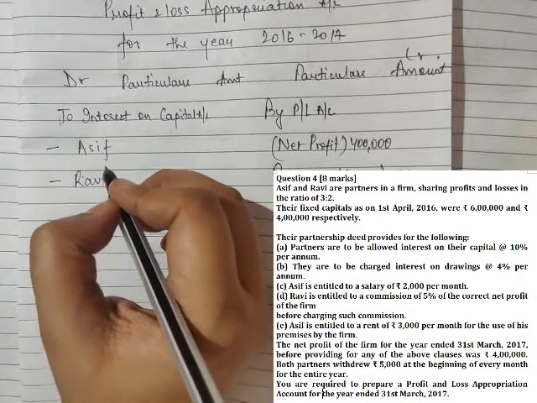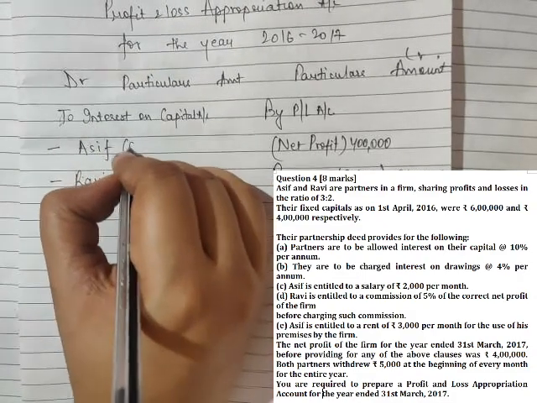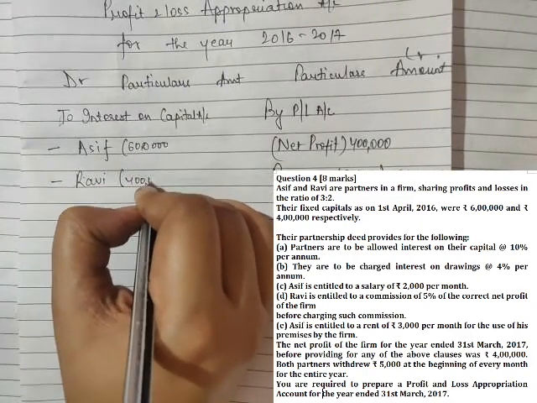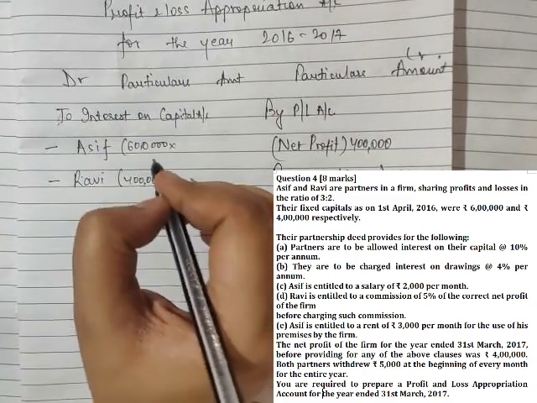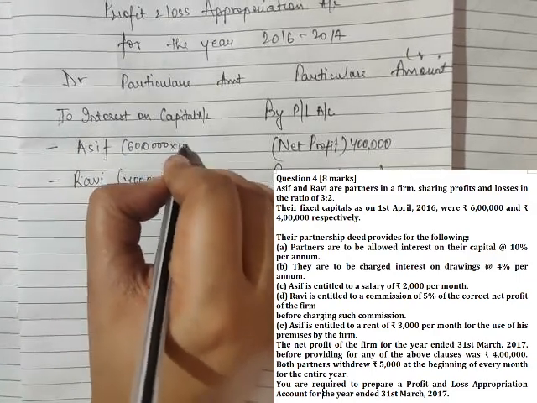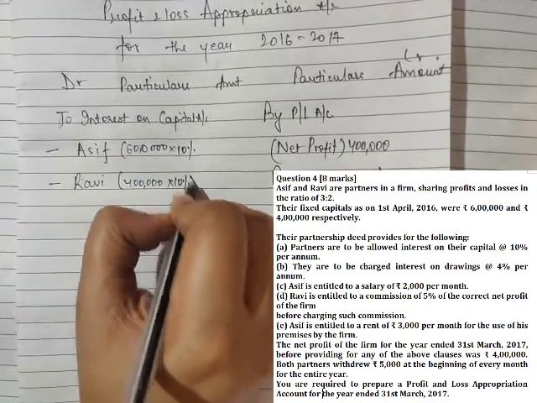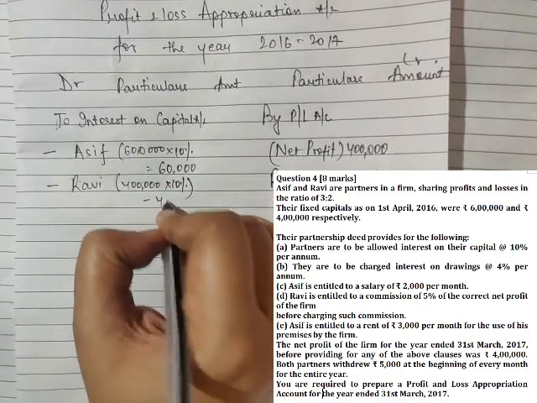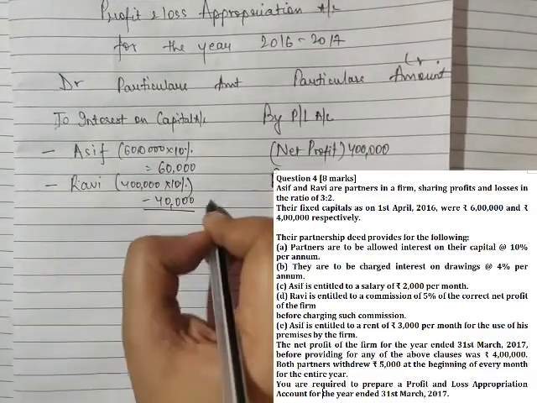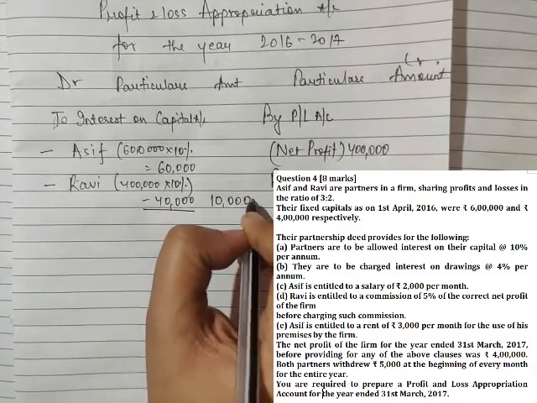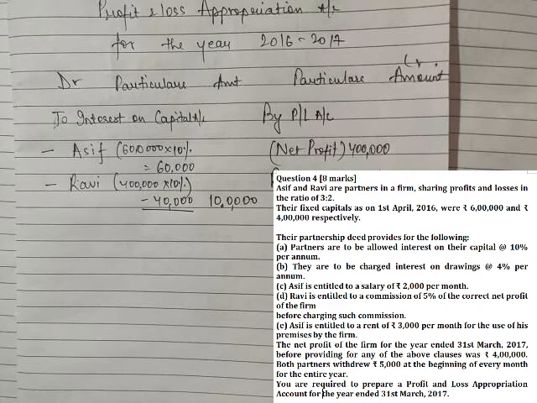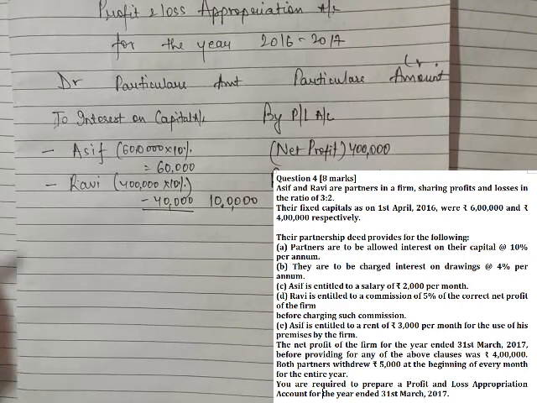The capital of Asif is 6 lakh rupees and Ravi is 4 lakh rupees. The interest rate is 10% per annum. So we have 60,000 for Asif, 40,000 for Ravi, total 1 lakh rupees, we are going to take to the outer column.